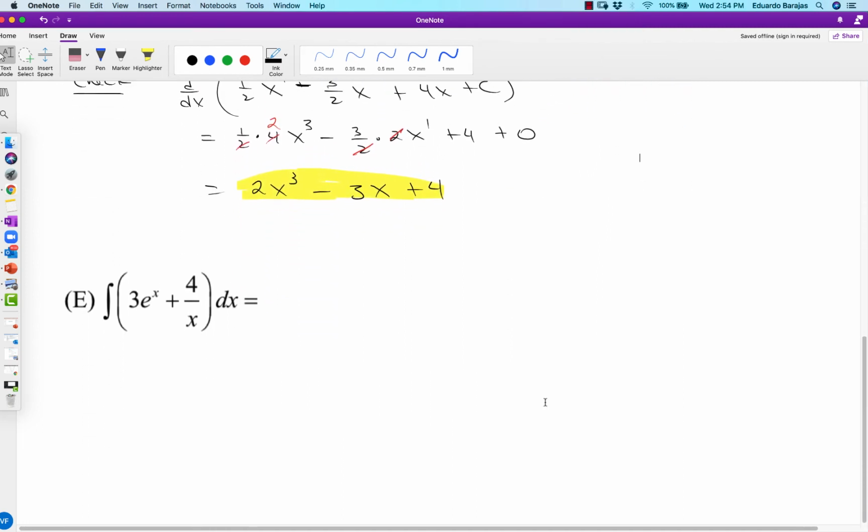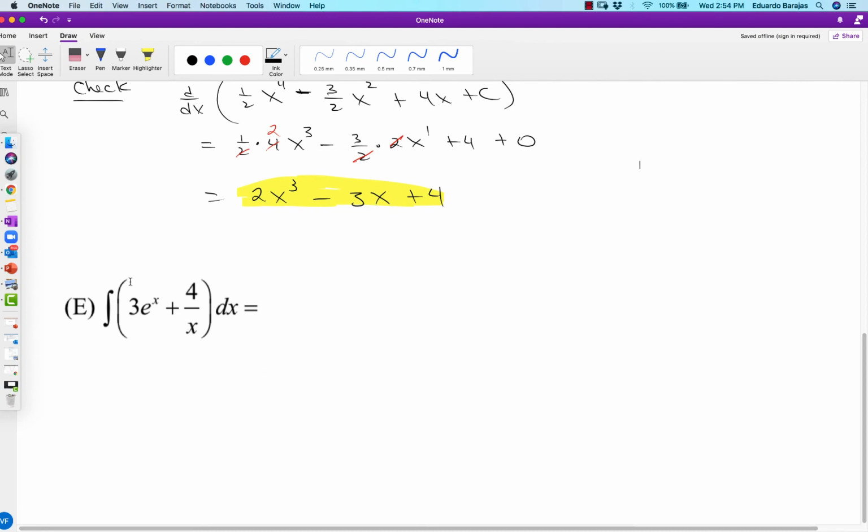Okay, let's try another one. What about something like this? The integral of 3 e to the x plus 4 over x. Because there's an addition symbol there, I know that one of our properties lets us separate this. So this is equivalent to the integral of 3 e to the x dx, don't forget to include the dx, plus the integral of 4 over x dx.